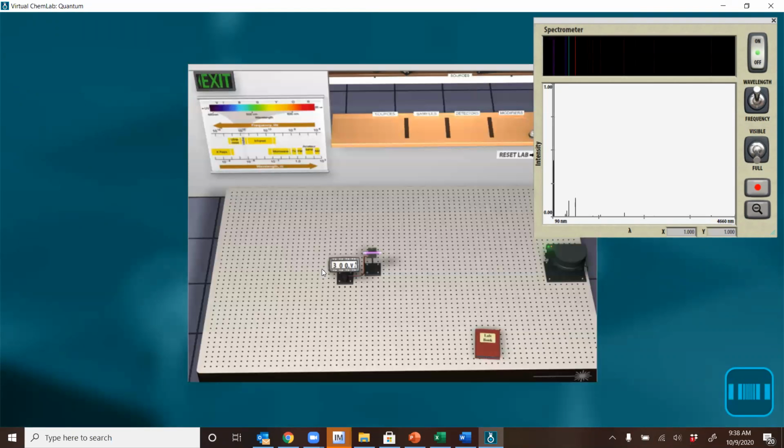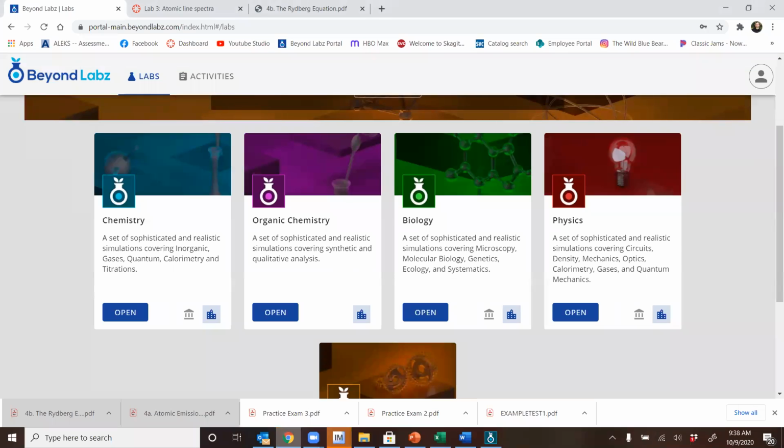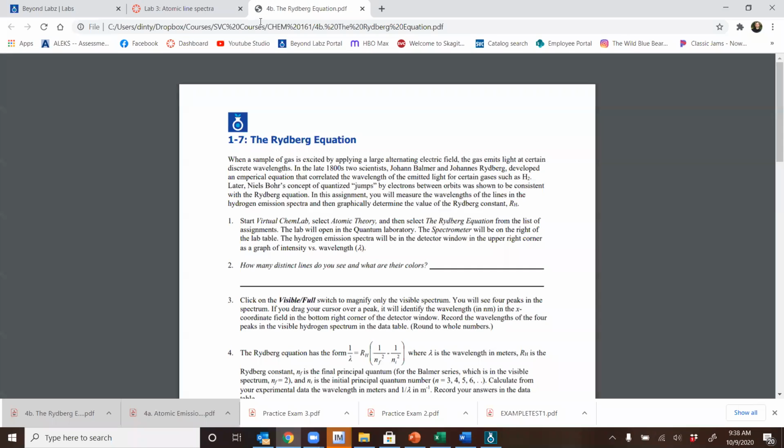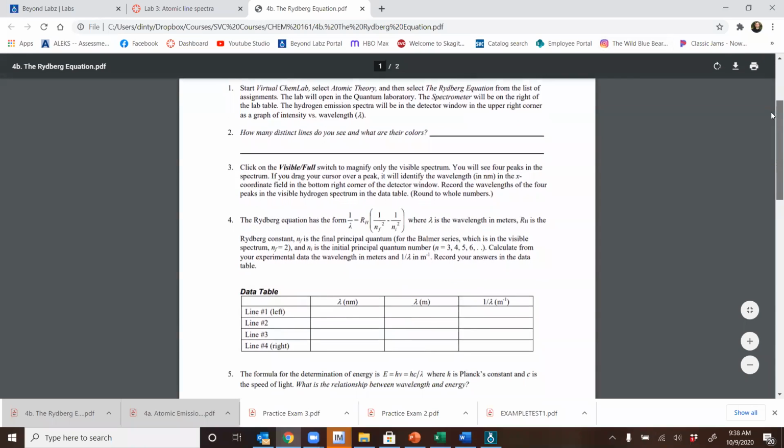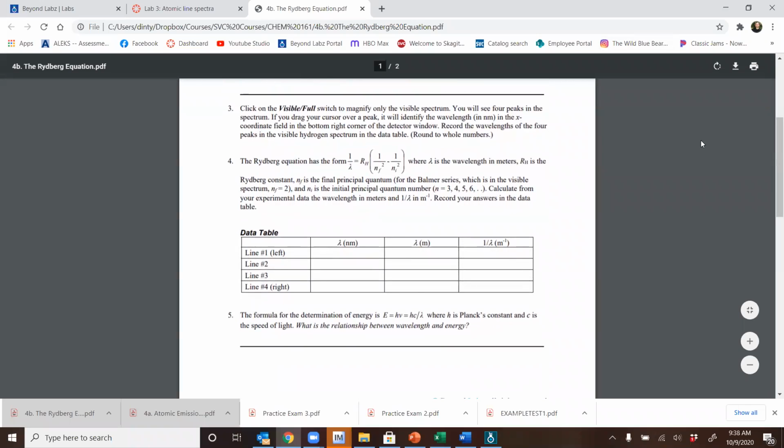So we are back to hydrogen's emission spectrum. What are we going to do with it? We're going to do some different things with it this time. We're going to use the Rydberg equation to make some calculations about the hydrogen spectrum. So we're going to magnify the visual part of the spectrum.